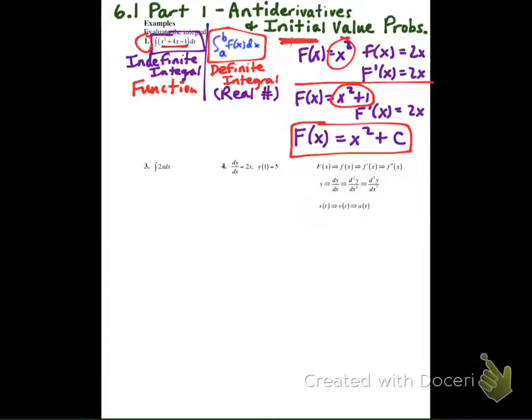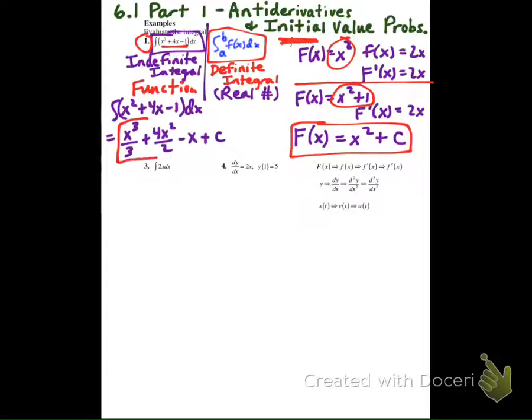So we're going to do problem number 1 now, and we would say that the integral of x squared plus 4x minus 1, which we could call the antiderivative of x squared plus 4x minus 1, would equal x cubed over 3, because we just use the power rule in reverse for antiderivatives, meaning that we add 1 to the exponent and then divide by that number, plus 4x squared over 2 minus 1x to the 1 over 1, but then we have a plus c.